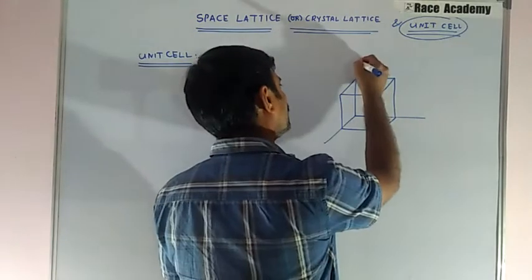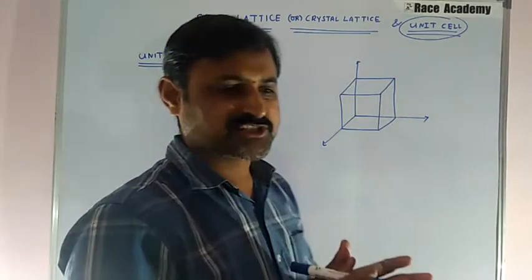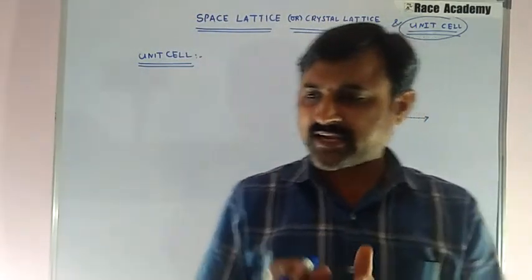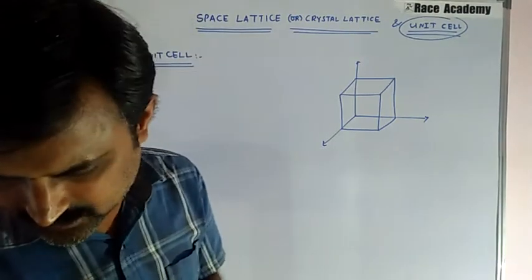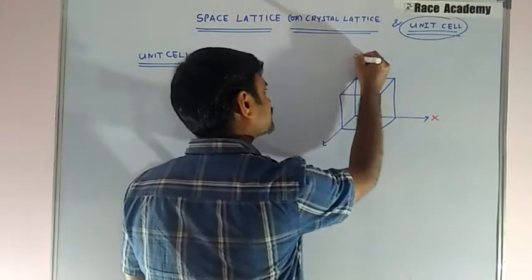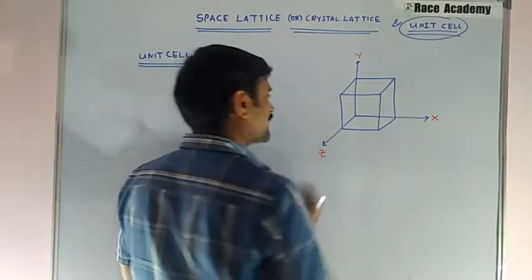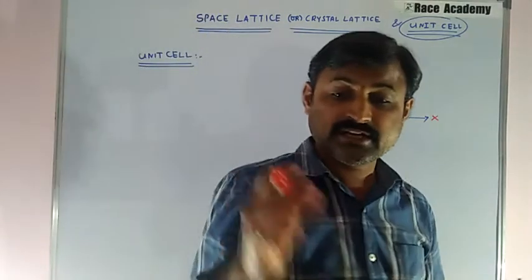So now I am just writing the directions of the axes. This is the x-axis, this is the y-axis, this is the z-axis. Now the information gets started.